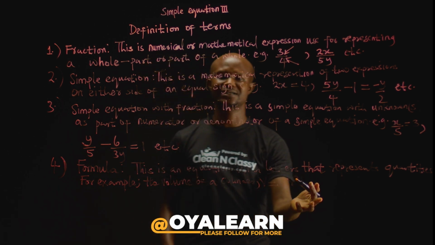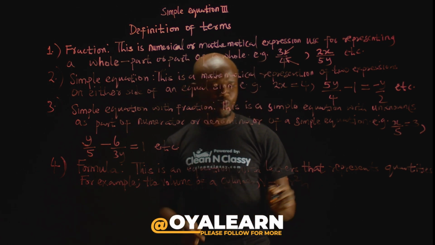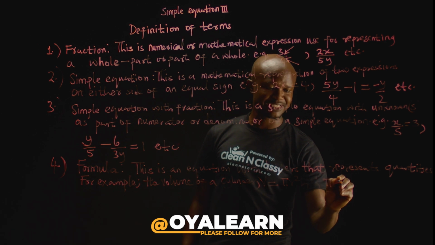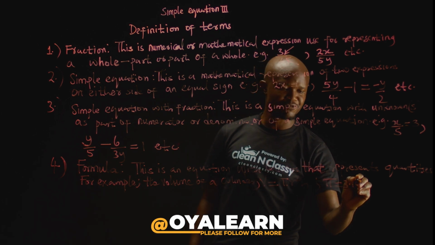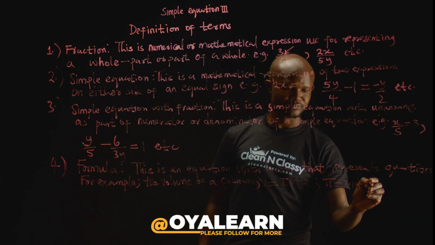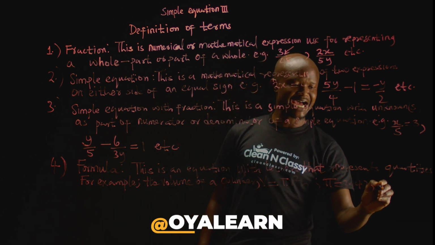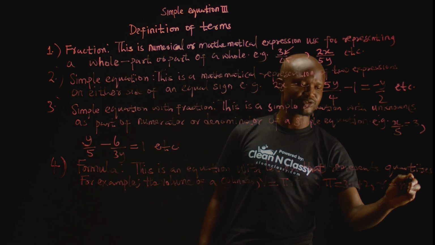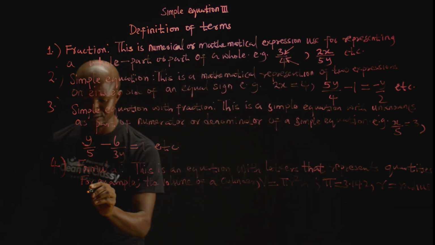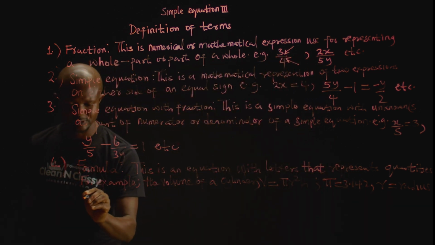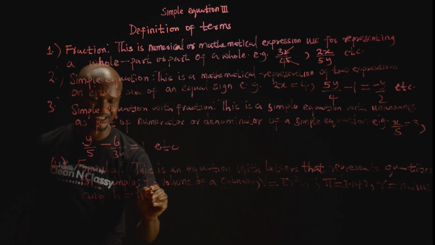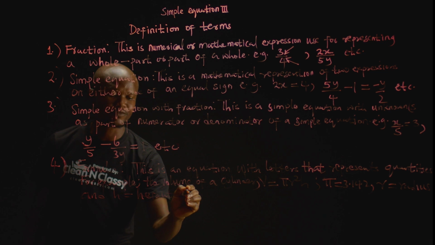This is a formula. Now we know that pi can be taken as approximately 3.142. That's a constant. And the r represents what? Radius. R equals radius. And h is the height of the cylinder.